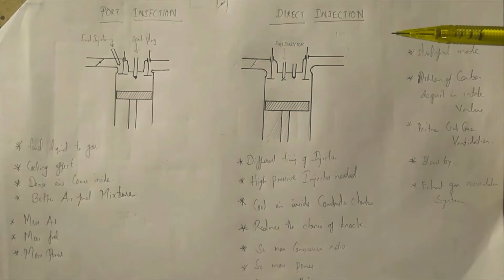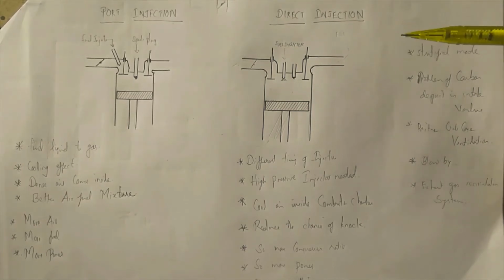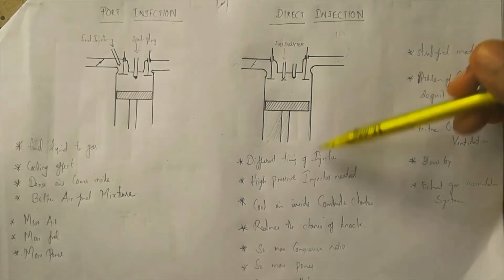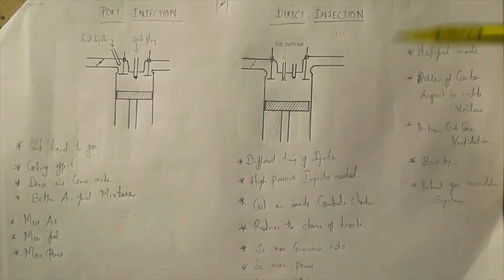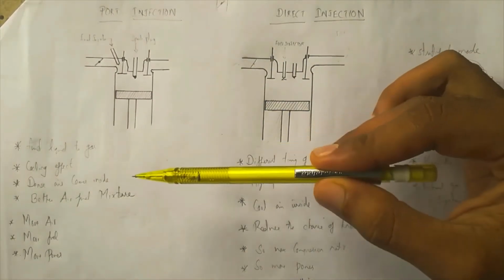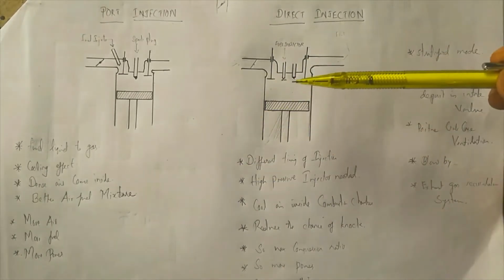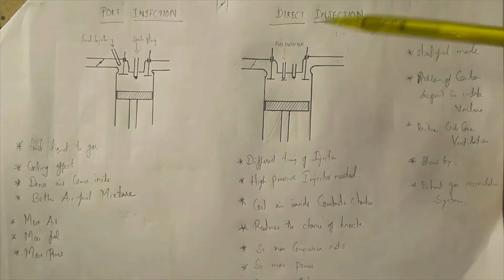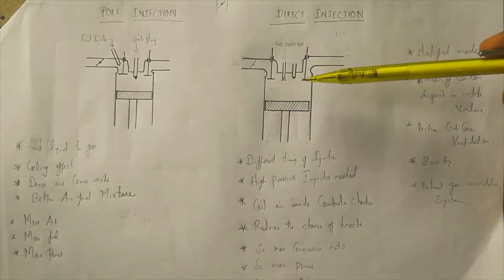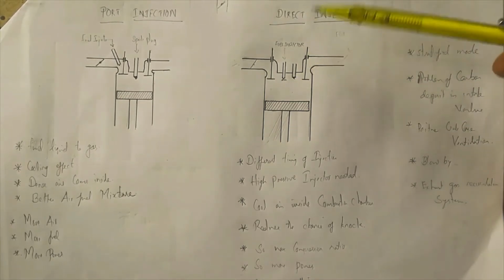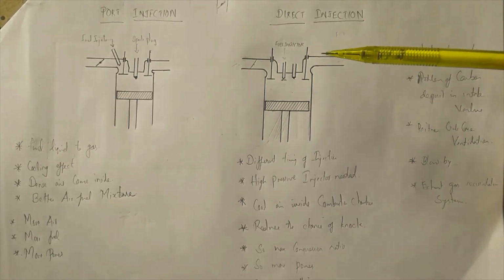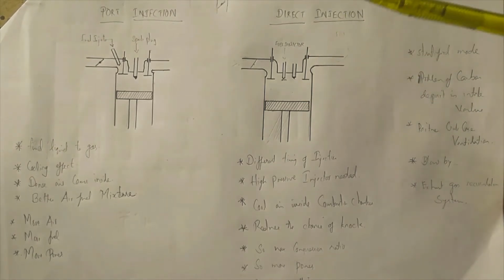When we increase the compression ratio, we can produce more power. So in direct injection we are producing more power than the conventional engines. In port injection also we can produce more power. Both are very good designs, but direct injection has got an upper hand because it can reduce the knock, and when we reduce the knock, we can increase the compression ratio and increase the power.